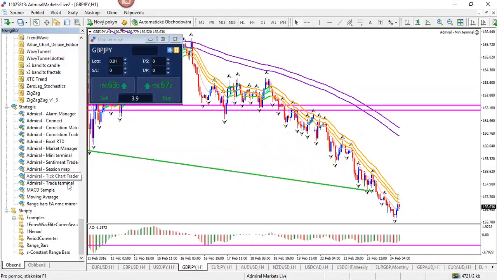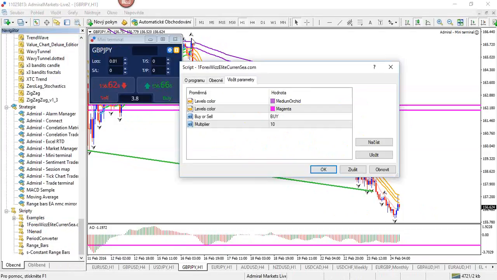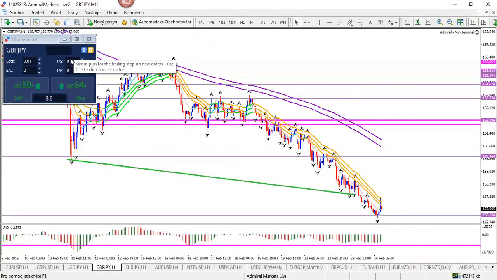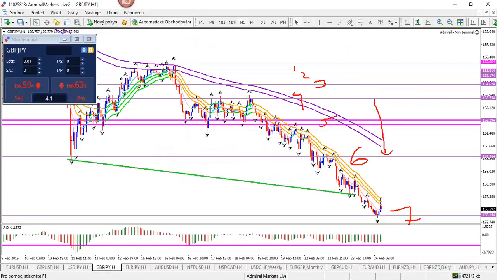Let me use this sequence level to see how far price has pushed. And maybe yesterday's call that it was too far was early, but doesn't mean that today it hasn't pushed too far. Let's see. This is 1, 2, 3, 4, 5, 6, 7. Now, mind you, that on a euro dollar, 3 to 5 is the best, but on a pound yen, because it moves more, actually 4 to 6 is a bit better.